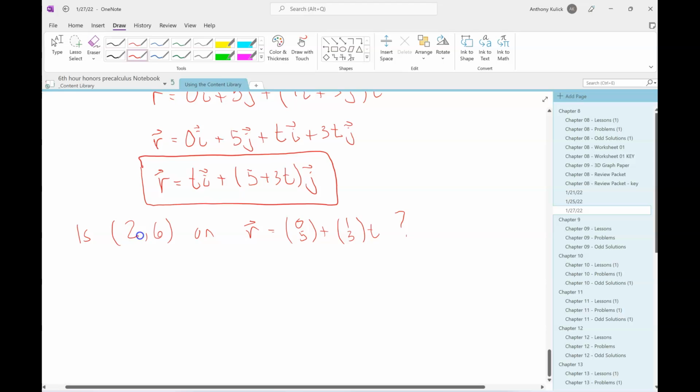So to check that, what we really want to see is if there's a single value of t that can generate that point 2, 6. So we're just going to replace the vector r with the vector 2, 6.